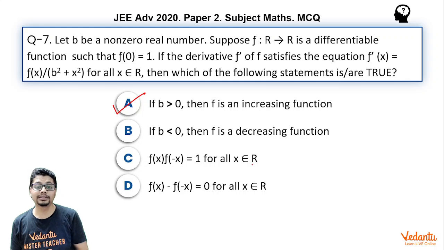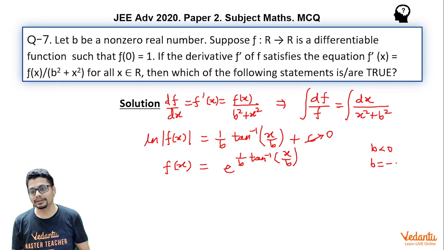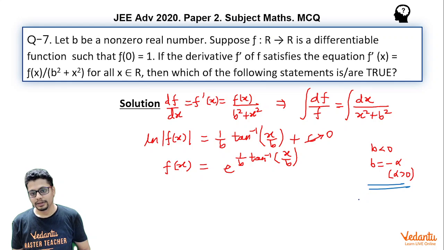Now, if b is less than 0, then f is a decreasing function. Let's explore. Say b is less than 0. Let's say b is minus alpha, where alpha is greater than 0. So what would that mean? That would mean f of x becomes e to the power 1 by minus alpha tan inverse x by minus alpha.